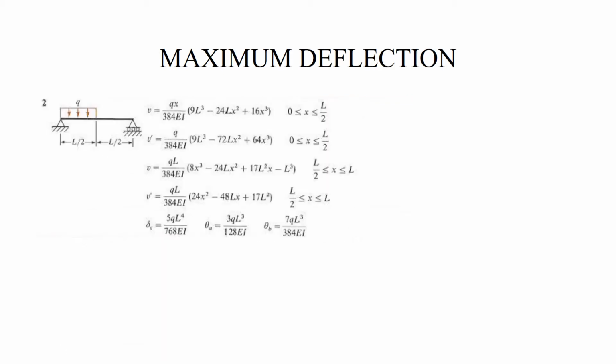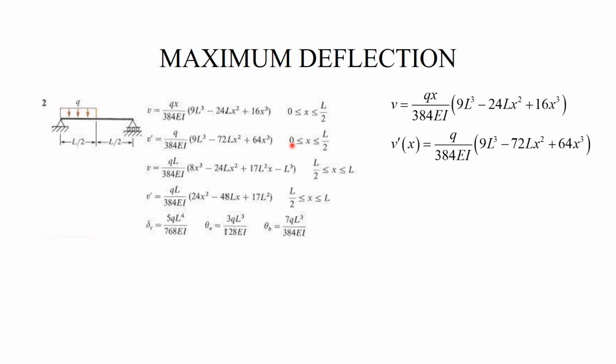To do that, I will assume that delta max lives somewhere here between 0 and L over 2. That's a reasonable assumption. And with this assumption, it means that I will be working with these two functions, V and V prime. And so I will first copy them.